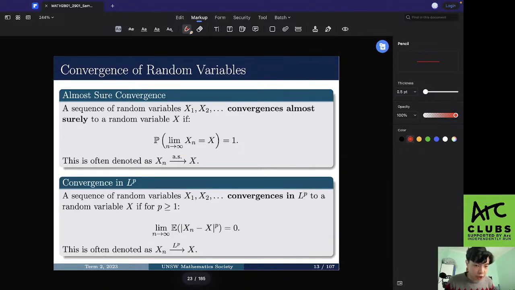And we have another type of convergence called LP, and this is where the expected value of xn minus x to the power of p is 0, which essentially implies that xn approaches x. For the first case, we denote this as an arrow with AS on top for almost surely, and then we have an arrow with LP on top to show that it converges in LP.